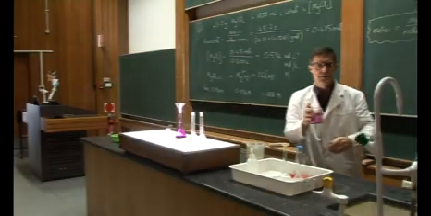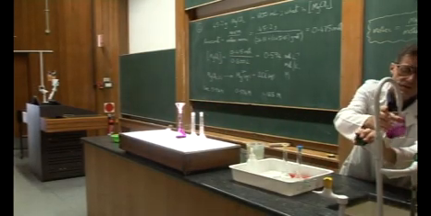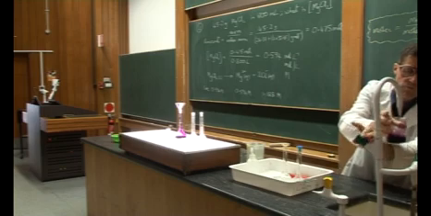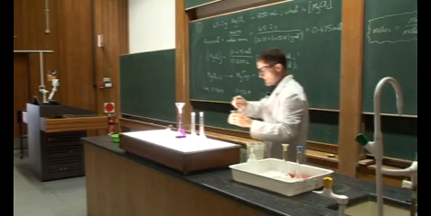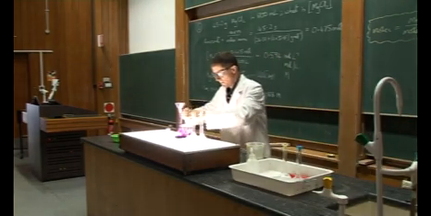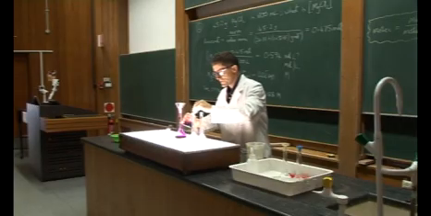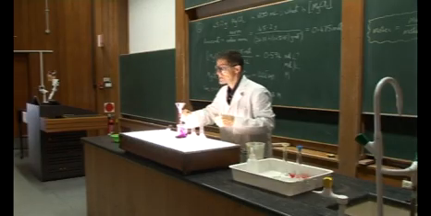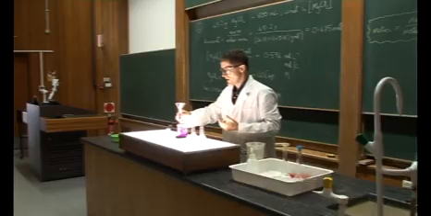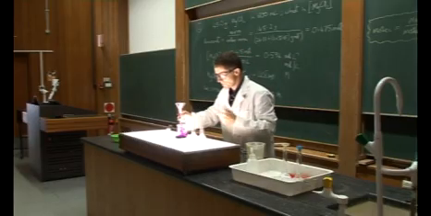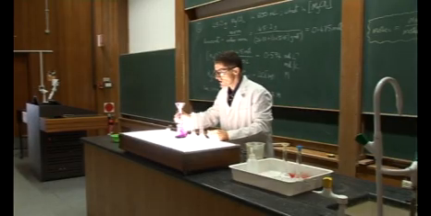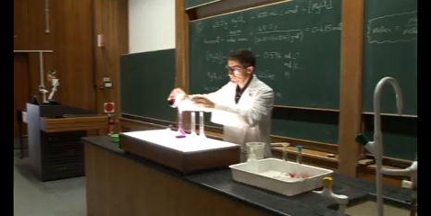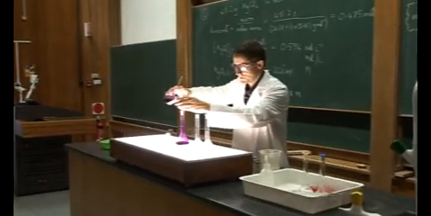I've still got a little bit of the solid left, so I'll just top it up with water there. Of course, I've chosen this material because we can see it rather than something that's white, because what I want to do is see just what sort of a concentration our eyes are able to detect.